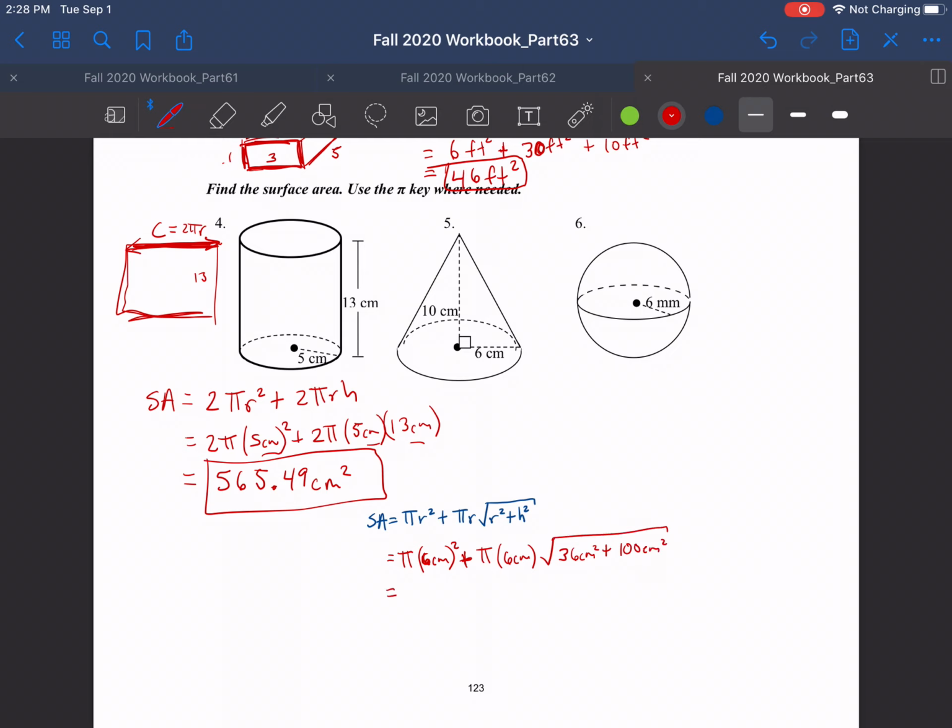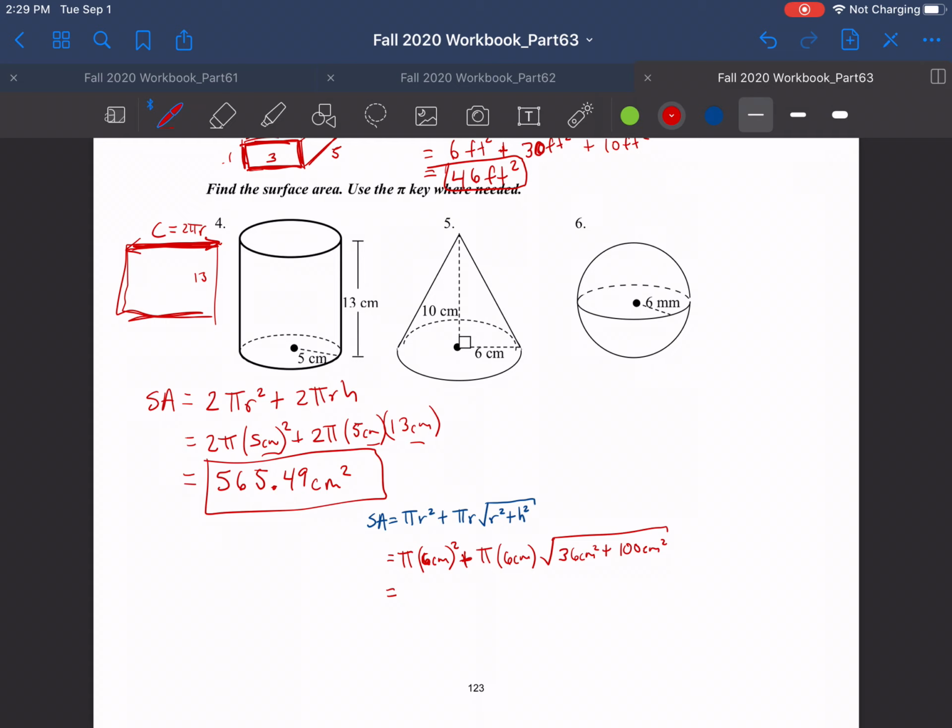And so then if we go through and start putting this into our calculator, we can do pi times 6 squared, which is pi times 36, plus pi times 6 times the square root of 136.